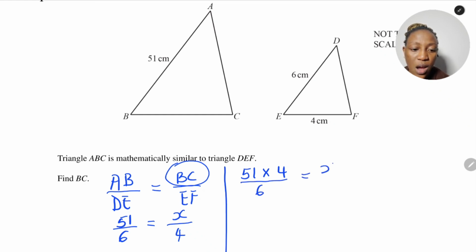Simplifying, 51 divided by 3 is 17, and 4 divided by 2 is 2. So our X, which is BC, is 17 times 2, which is 34 centimeters. So our length BC is 34 centimeters. I hope you understand that.